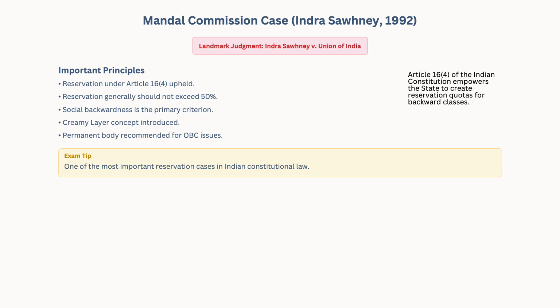Never forget that SC and ST reservation came at the commencement of the Constitution, but for OBC, it was a result of the Mandal Commission. But the people went against it. It led to widespread protests and legal challenges.